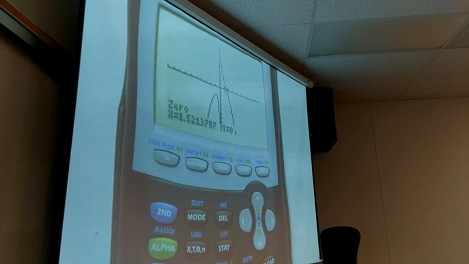This algorithm works by finding where some f of x equals 0. That's how this algorithm works. So if they say, find where x squared equals 2, f of x is not this because it's not equal to 0. So you just make it equal to 0. So this is the f of x that's being used in that first problem, right?